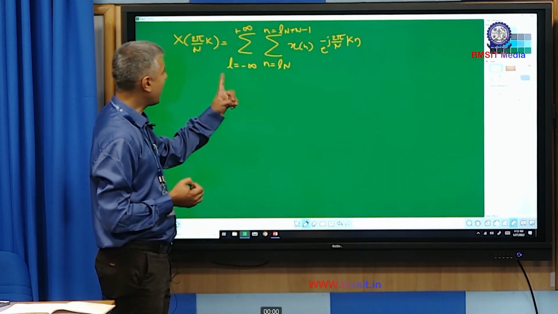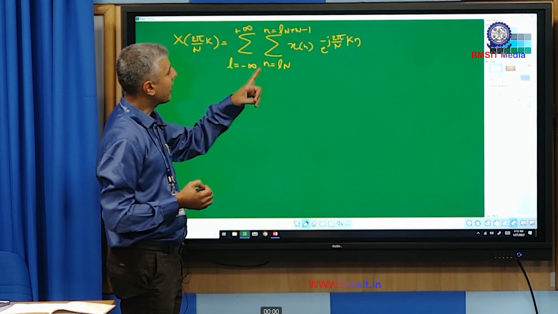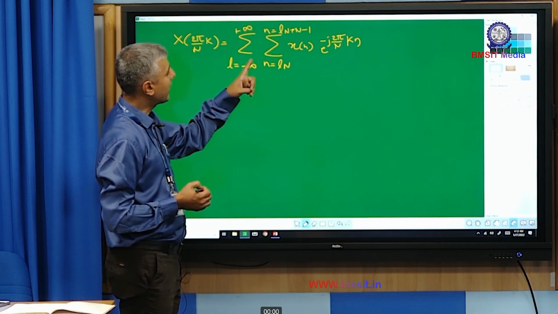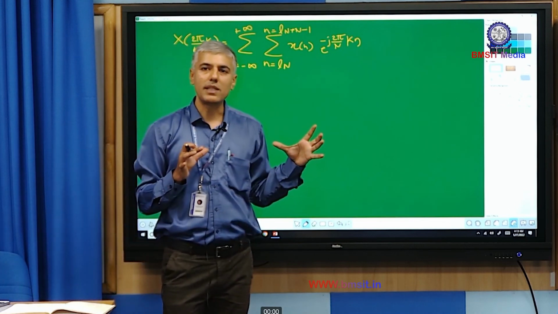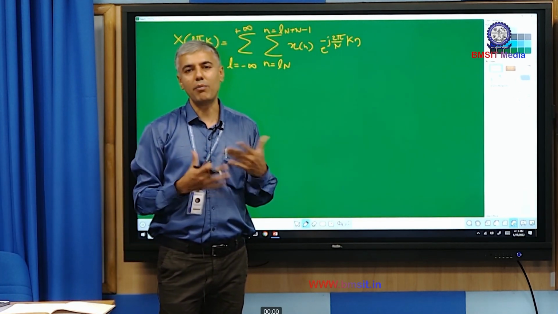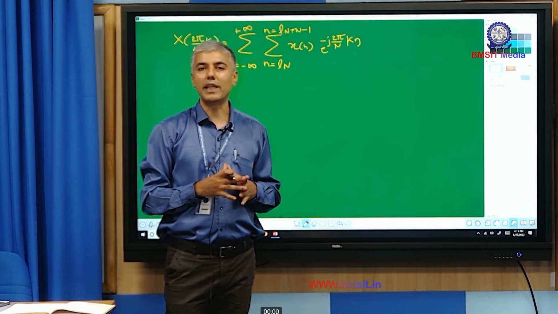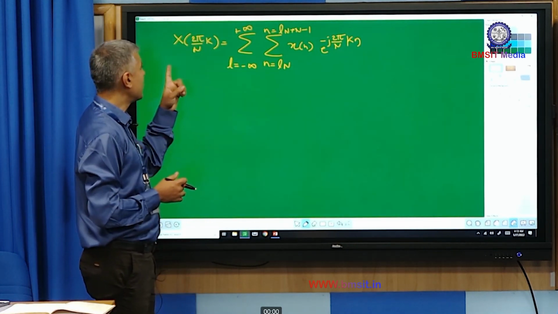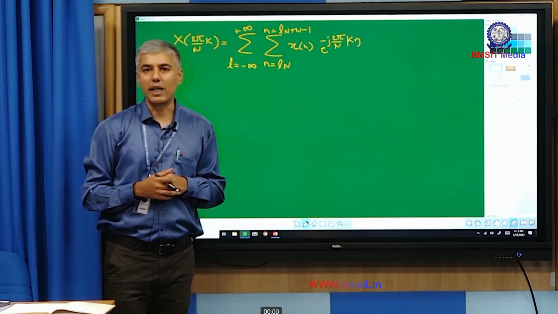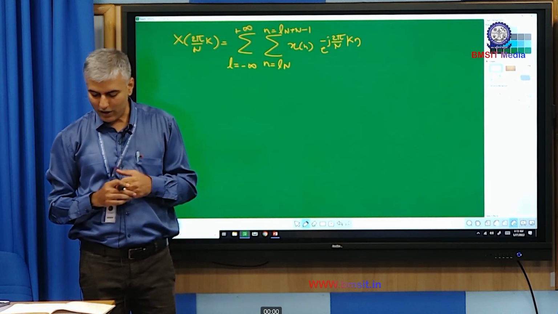For different values of l, you can make out that the entire gamut of samples involved in x of n will be considered for evaluating the X of omega, or discrete values of X of omega. What is the purpose of all this?